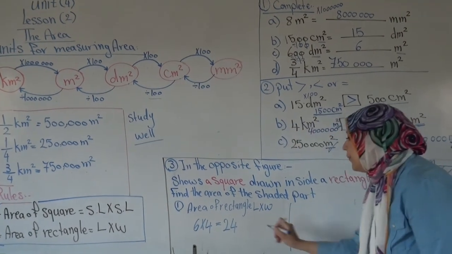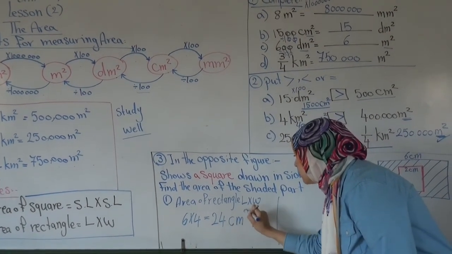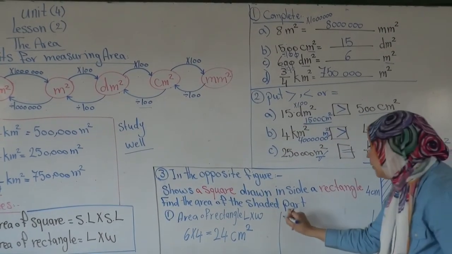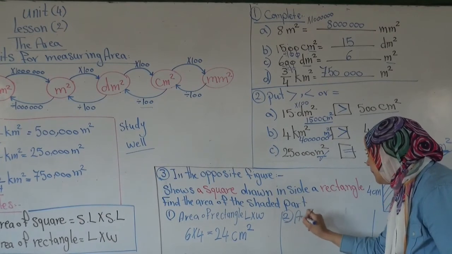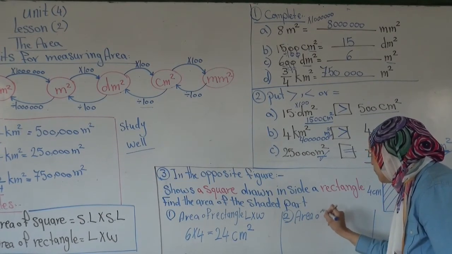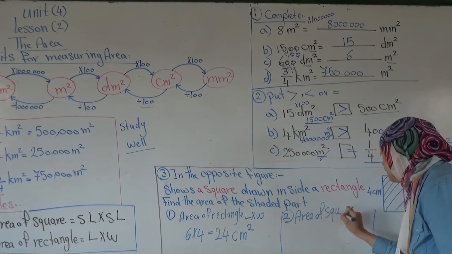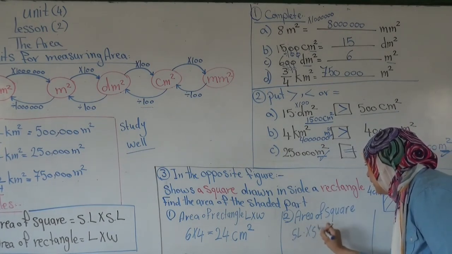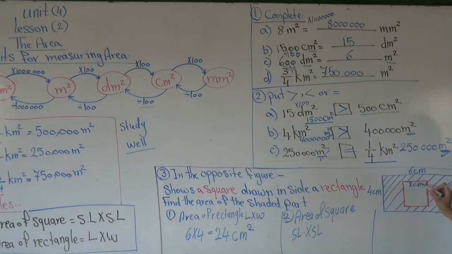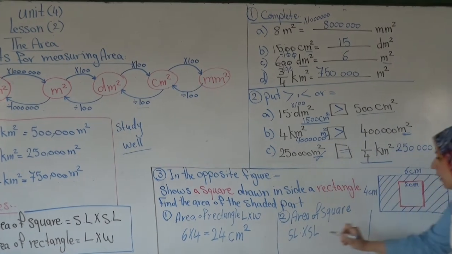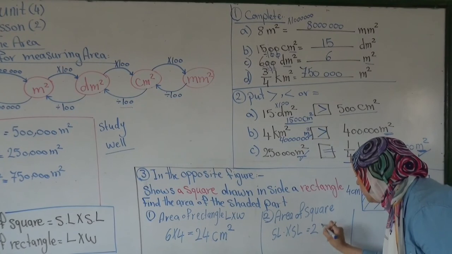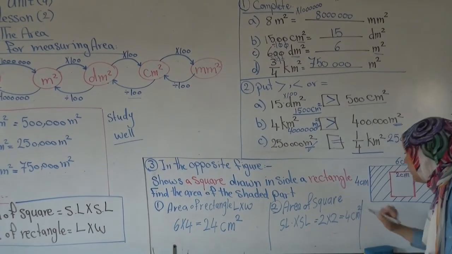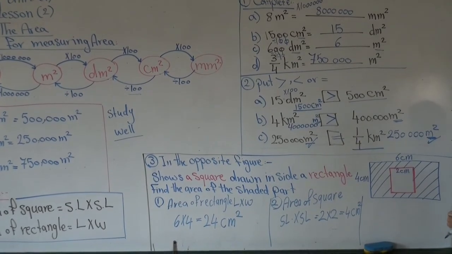We must put the unit, centimeter square. This is area, centimeter square. Number 2, area of square, side length times side length. The side length is 2, all the sides are equal. It means 2 times 2 equals 4 centimeter square. This is the second step.